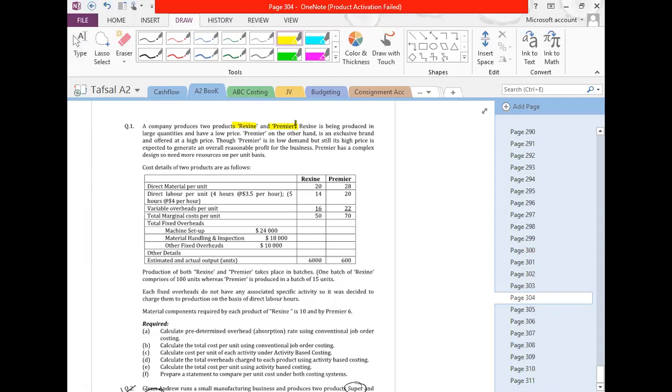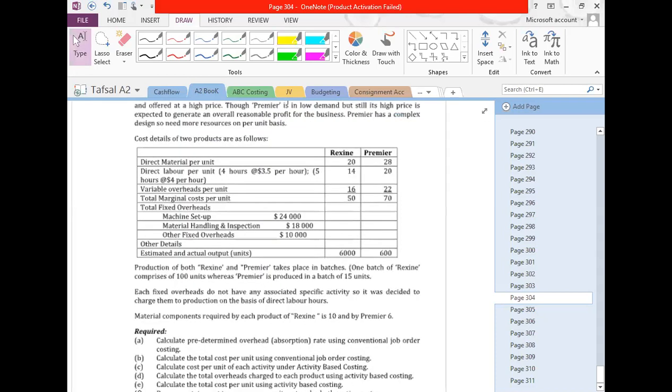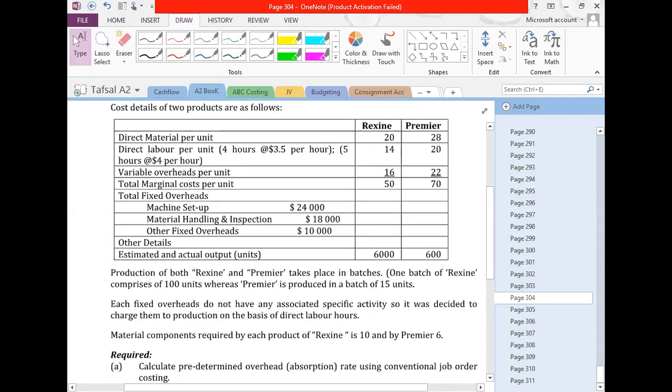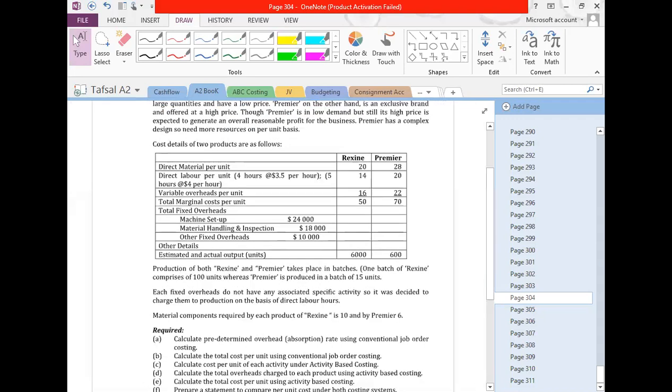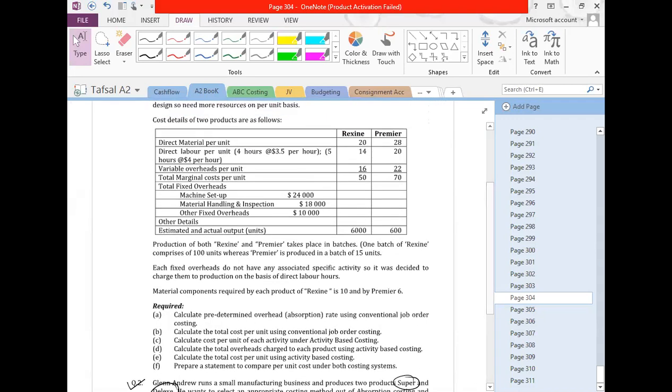That's why it's high in price. The details are given to us. Lots of requirements, according to absorption costing and total cost per unit as per absorption costing.